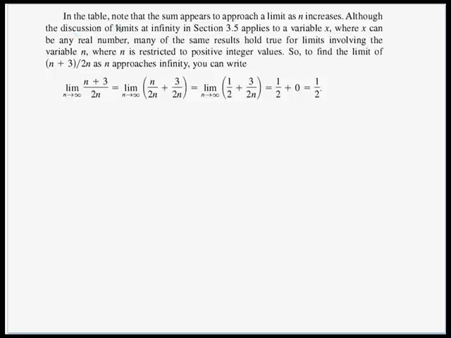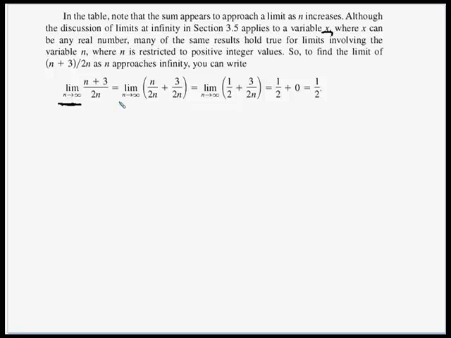Although the discussion of limits at infinity in a previous section applies to a variable x, where x can be any real number, many of the same results hold true for limits involving the variable n, where n is restricted to positive integer values. So to find the limit of n plus 3 all divided by 2n as n approaches infinity, we can write the limit as n approaches infinity of n plus 3 over 2n.